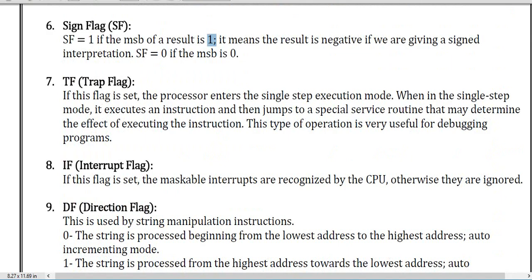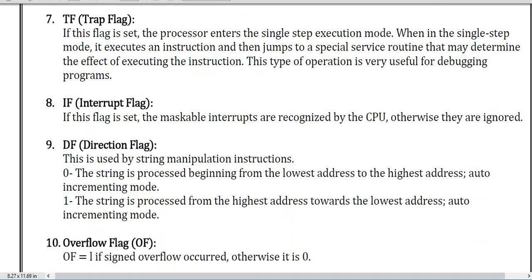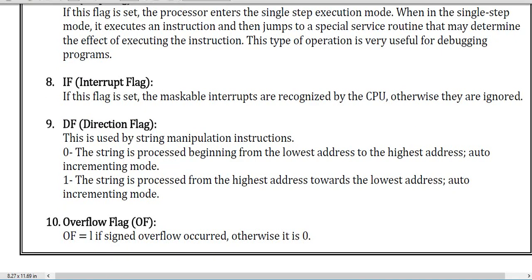Now the trap flag. If this flag is set, the processor enters into single step execution mode. Interrupt flag. If this flag is set, then maskable interrupts are recognized by the CPU. And the direction flag. This direction flag is set to 0 if the string is processed from the lowest address to the highest address.